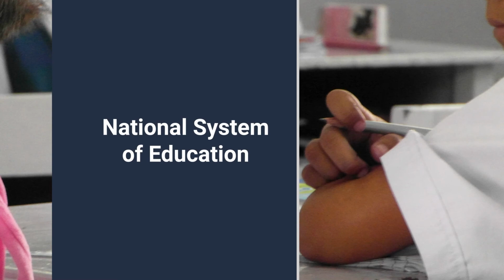And further, the national system of education. We should understand what the national system of education is. Earlier we practiced, and at present we are practicing, the 10 plus 2 plus 3 system of education, and we are in the process of implementing NEP 2020, the National Education Policy 2020. So far as NEP 2020 is concerned, the school education structure will now be the 5 plus 3 plus 3 plus 4 system.